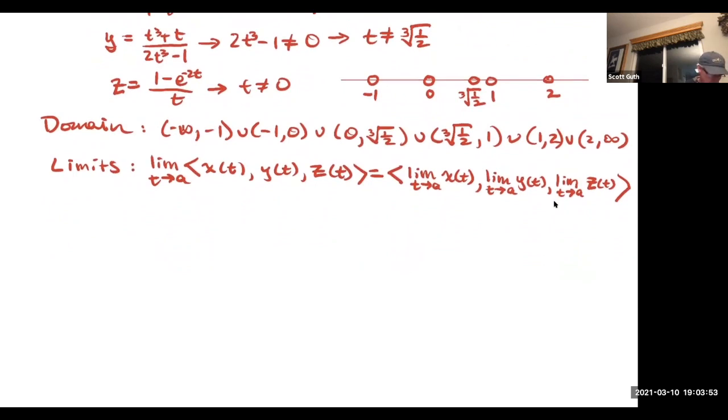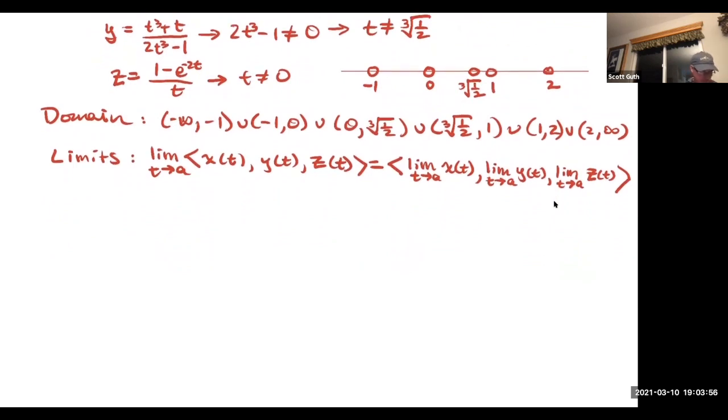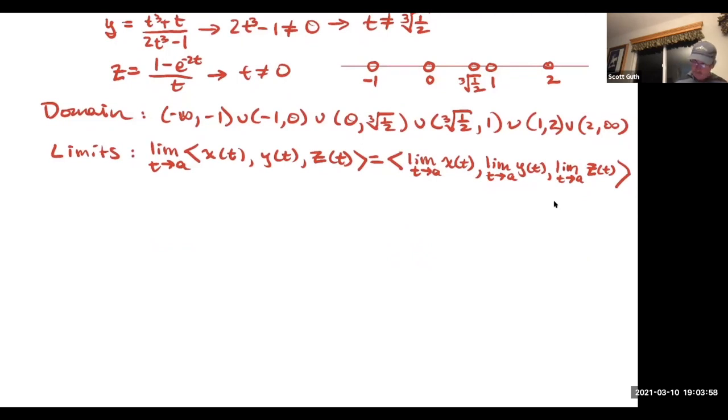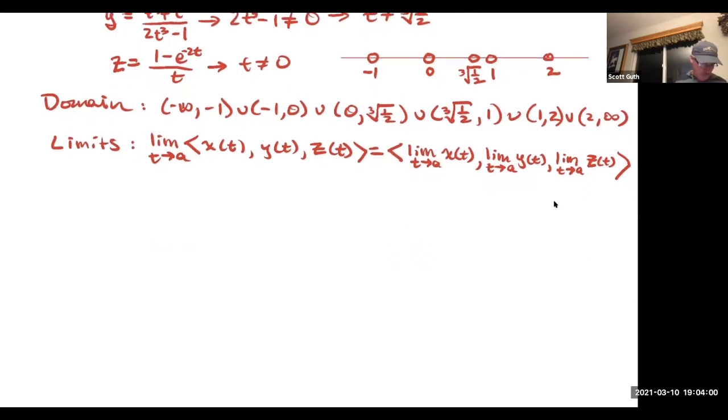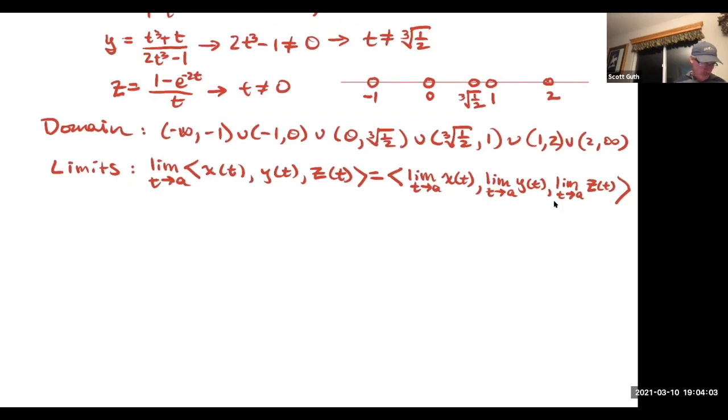Okay, so if I have r of t equal to, let's say, 2t squared minus 1 over 3t squared plus 1. I think I'm going to have t go to infinity.